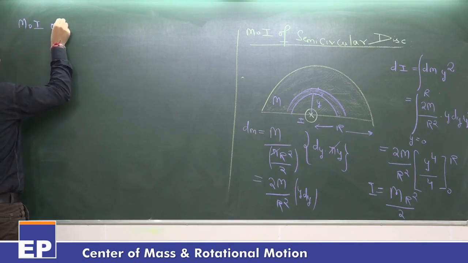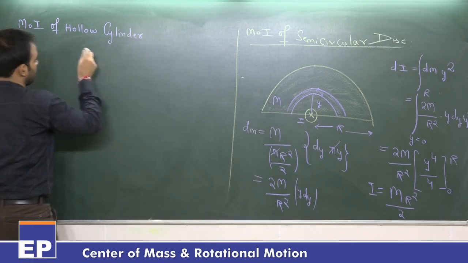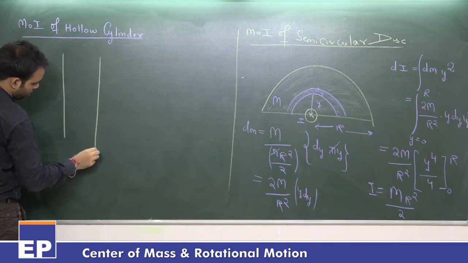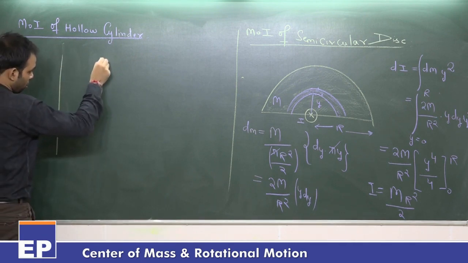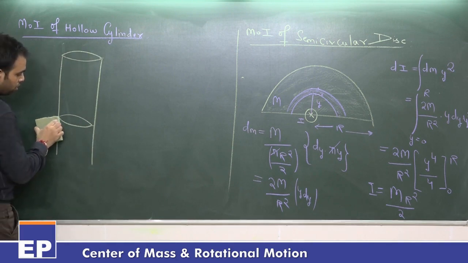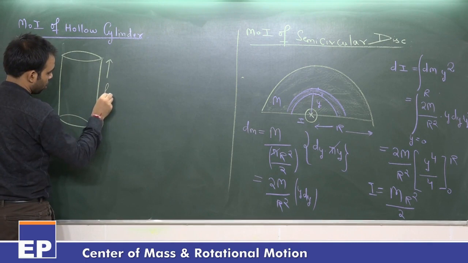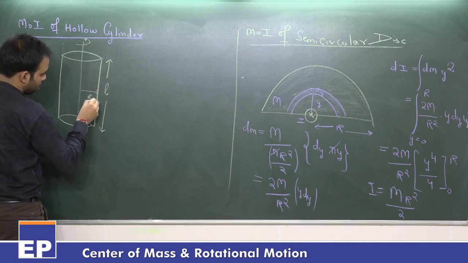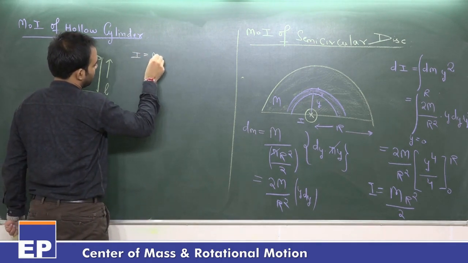Moment of inertia of hollow cylinder. If this is the hollow cylinder, having mass m, radius r and length l, about that axis, the moment of inertia will become I. It is directly mr square.